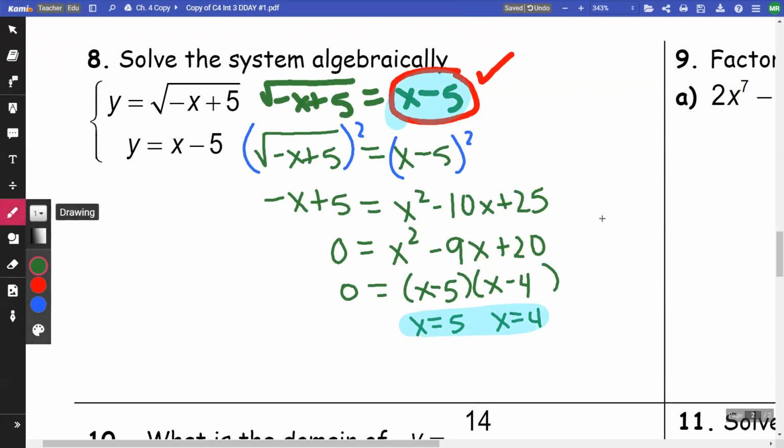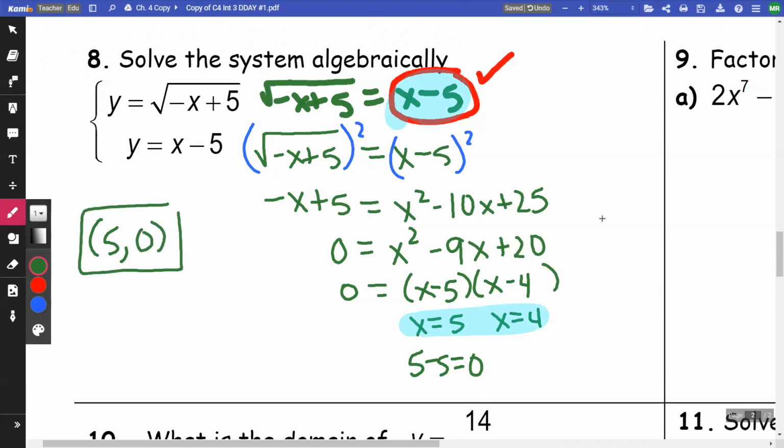So if I put in 5, 5 minus 5 equals 0. So that's okay. So what I just found is that my x-intercept is 5. And when I put 5 in, I ended up getting 0 back. So that's one solution. If I put in a 4, 4 minus 5 is equal to a -1. So that one is not going to work. So I only have one point of intersection at 5, 0.